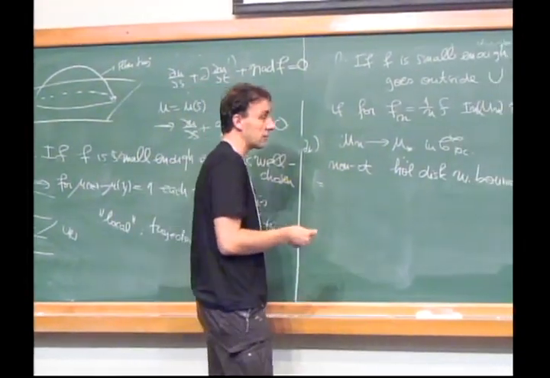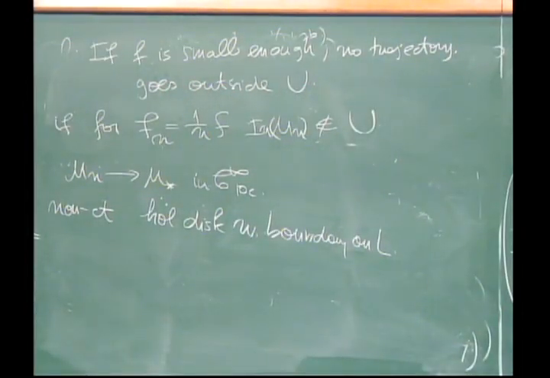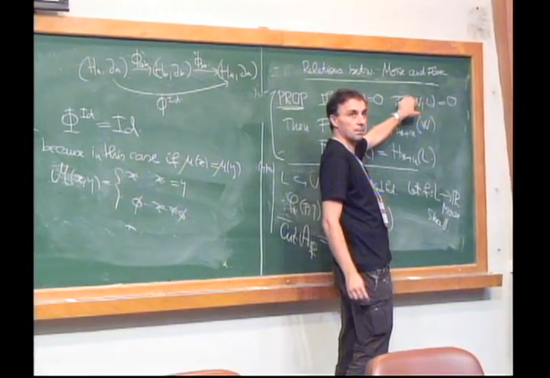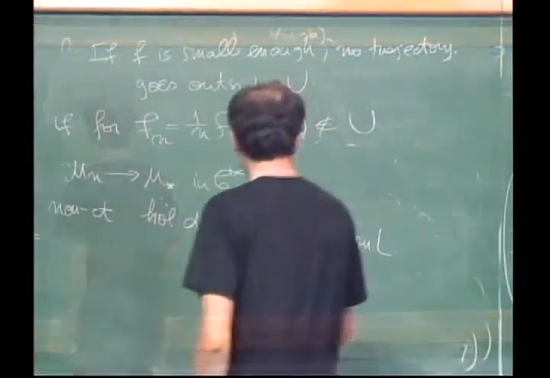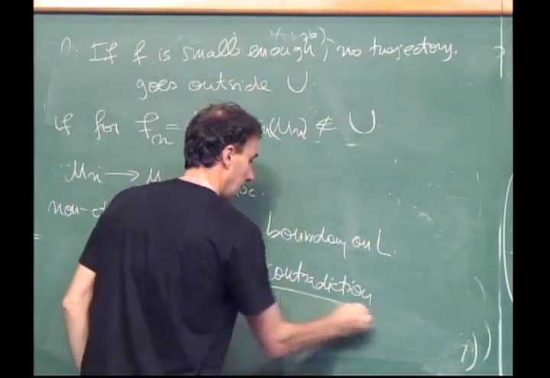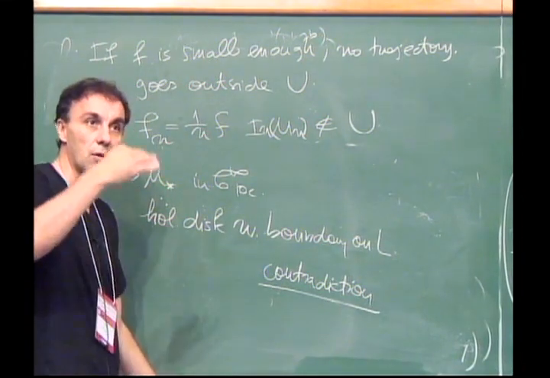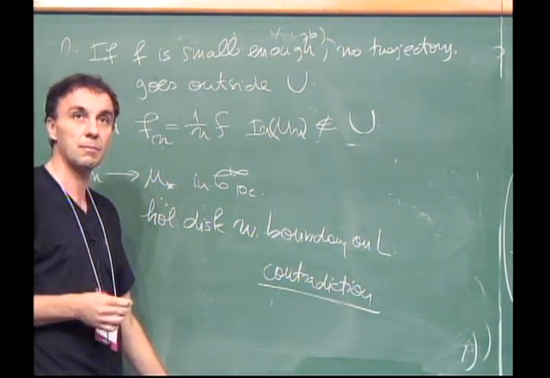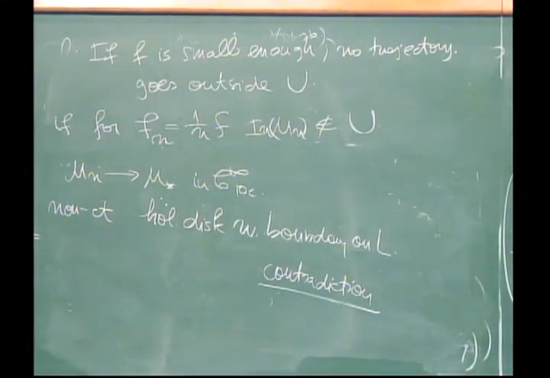But this kind of disk cannot exist with this hypothesis, because its symplectic area is 0, and this disk is non-constant. So just have in mind that these are two different aspects: the local one and the global one, which in this setting does not play a role because there are no holomorphic trajectories going outside this Weinstein neighborhood. Okay.